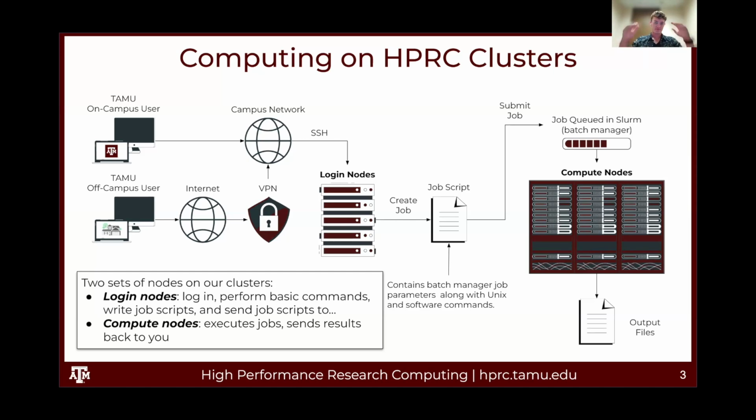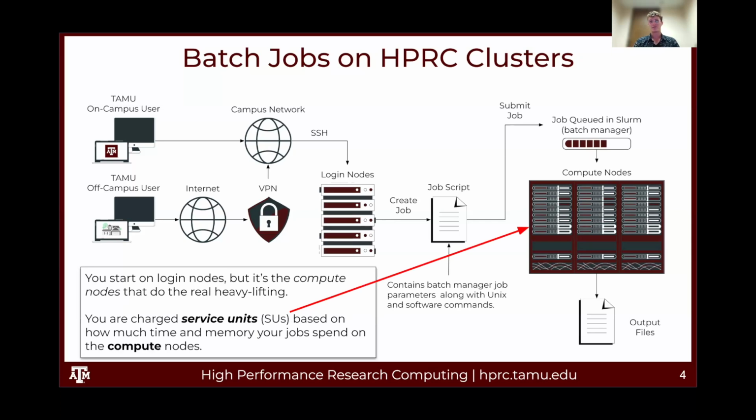It goes into your compute node, gets processed, and then out pops your output files, and your job's done. There's the two main nodes. We have our login node, and that's what you interact with. The compute nodes you don't interact with. You don't touch those. Those are the ones that do jobs, and those aren't connected to the internet either. So, yeah.